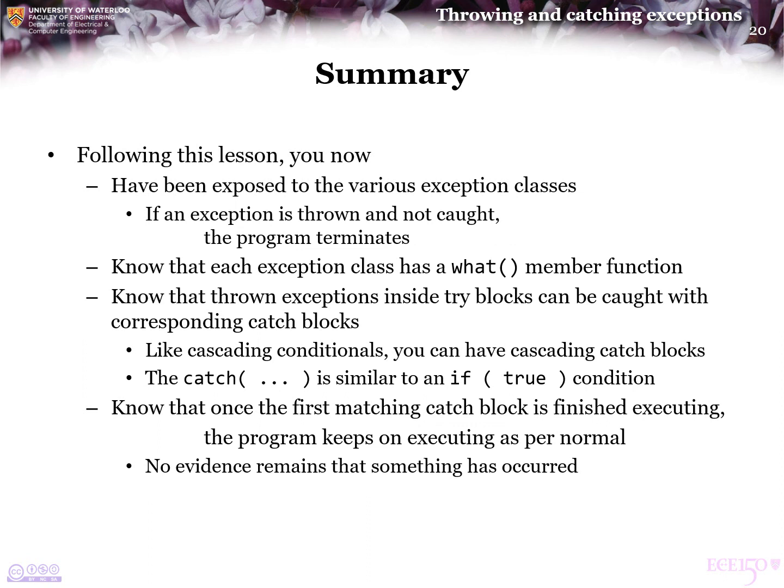You know that thrown exceptions inside try blocks can be caught with the corresponding catch blocks. And so, like cascading conditionals, you can have cascading catch blocks, and the first that matches is the one that is executed. The catch with ellipses is similar to the condition if true.